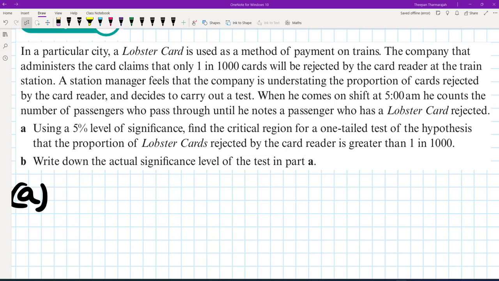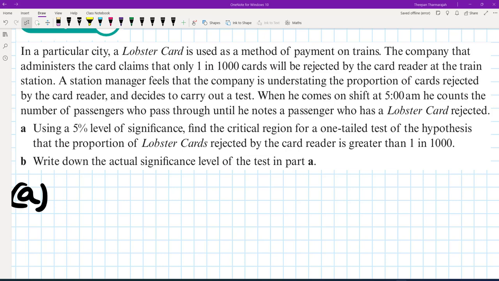Okay, here's the last example on critical regions. So in a particular city, a lobster card is used as a method of payment on trains. The company that administers the card claims that 1 in 1,000 cards will be rejected by the card reader at the train station. A station manager feels the company is understating the proportion of cards rejected by the card reader and decides to carry out the test.